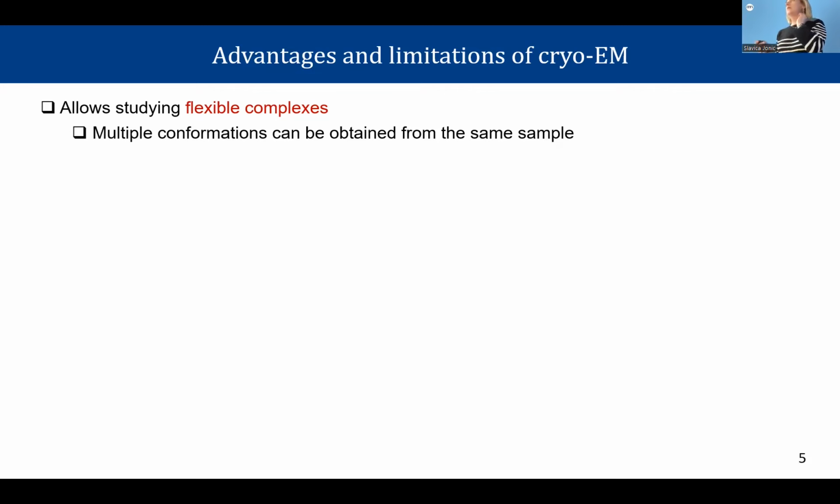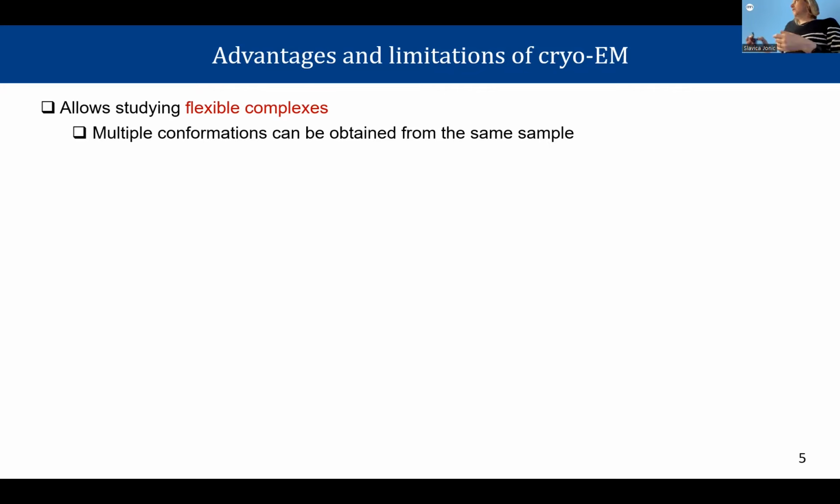The advantage of cryo-EM or single particle analysis is that it allows obtaining multiple conformations from the same sample. What does it mean? This has to be compared with other experimental approaches like X-ray crystallography. In X-ray crystallography, you need to prepare a sample where you need to grow a crystal.